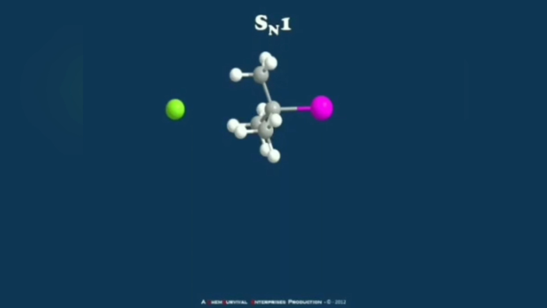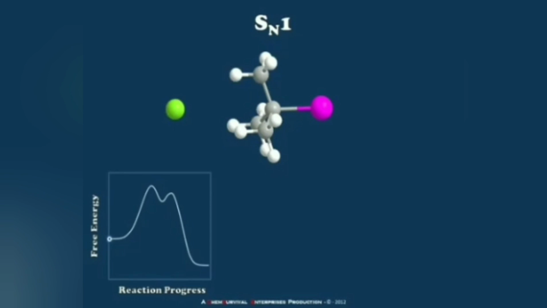Look, dear students, in the SN1 mechanism, the tertiary butyl bromide undergoes a two-step mechanism to convert into tertiary butyl alcohol.